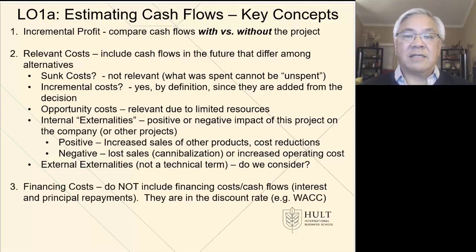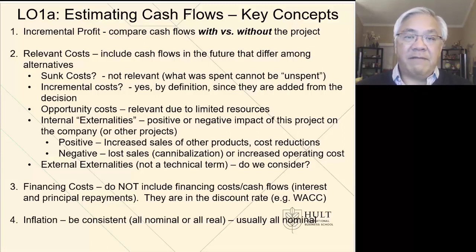Next, we'll look at financing costs. It is tempting to consider something like interest expense a financing cost, but that's the entire purpose. If you think about what the weighted average cost of capital is, or what is the purpose of the required rate of return, we ignore financing as a part of the cash flow because it is the basis on which we have a discount rate. All right, next we'll look at inflation.